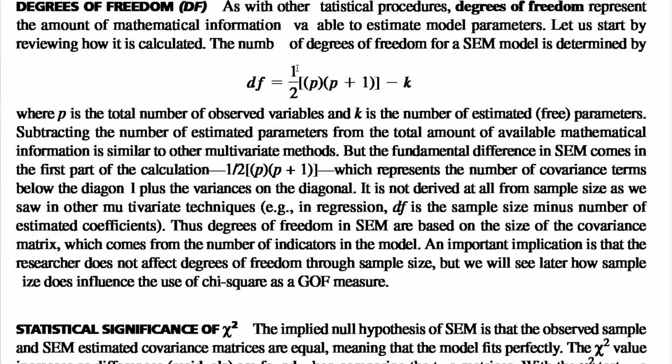It is not derived at all from sample size, as we saw in other multivariate techniques, such as regression, where df is the sample size minus the number of estimated coefficients. The degrees of freedom of structural equation modeling are based on the size of the covariance matrix, which comes from the number of indicators in the model.